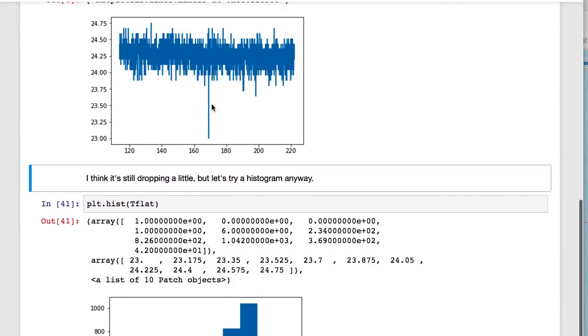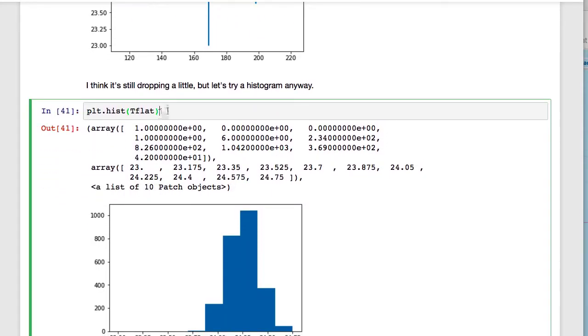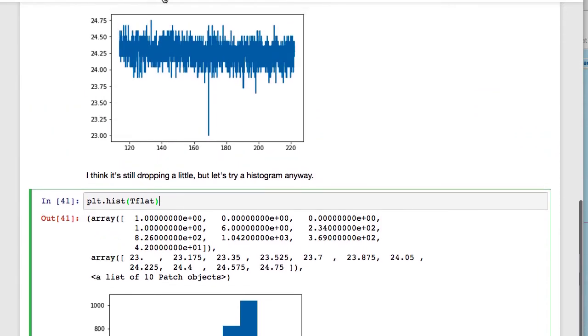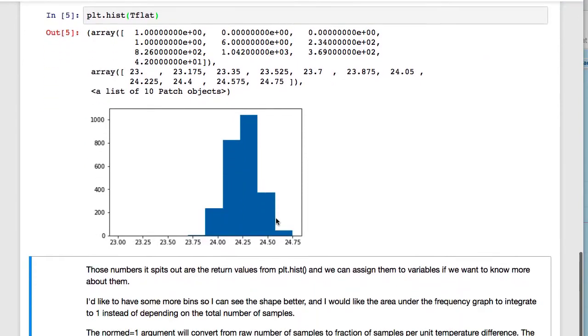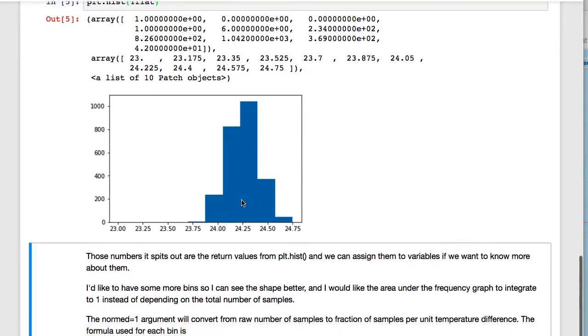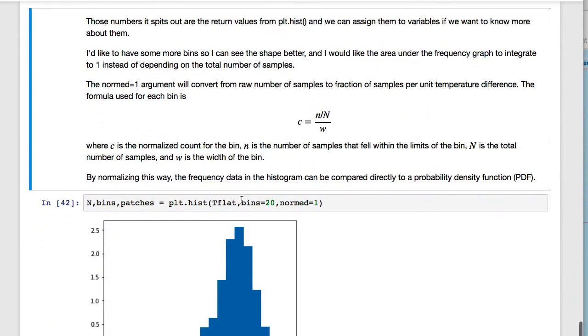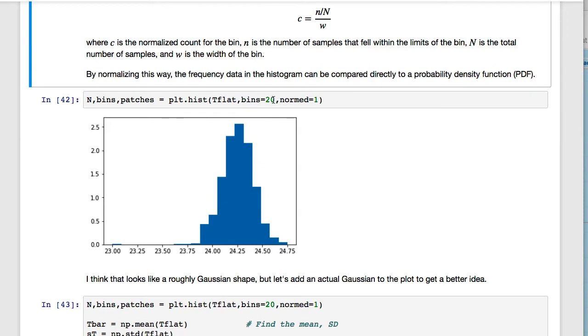To find out, I can plot a histogram of it. So let's try running that. I get a value set that looks something like this, but it's in fairly fat bins. So I can now try plotting it with 20 bins and normalize so that it sums up to 1.